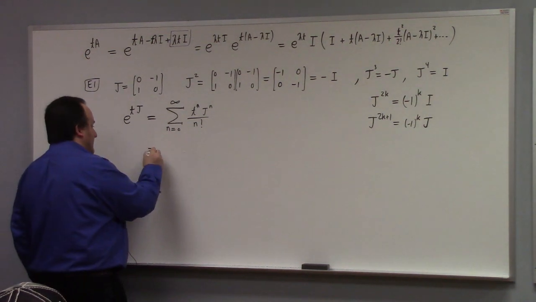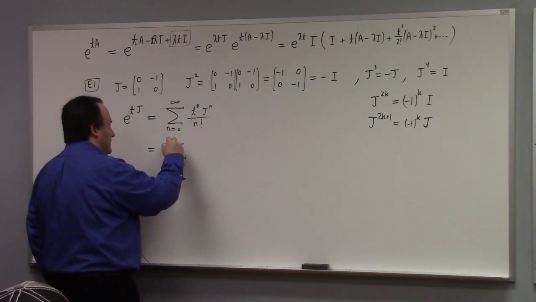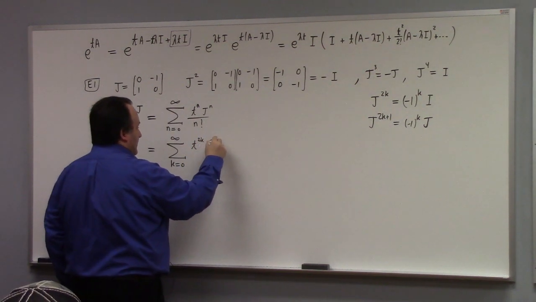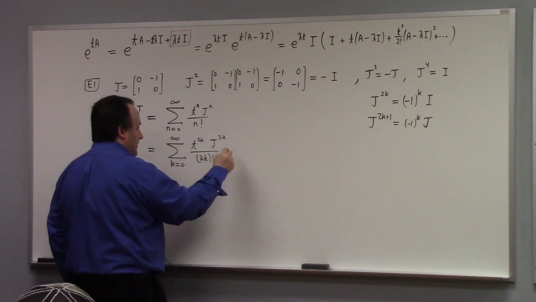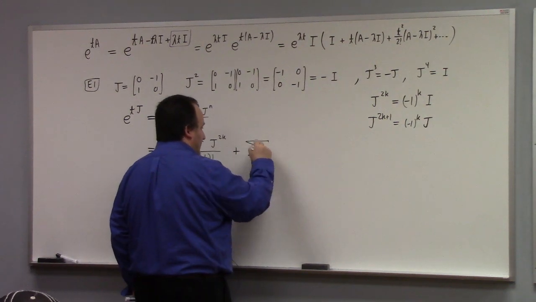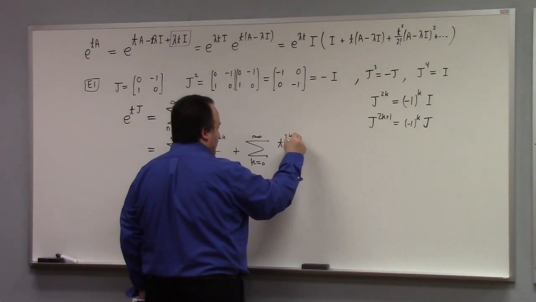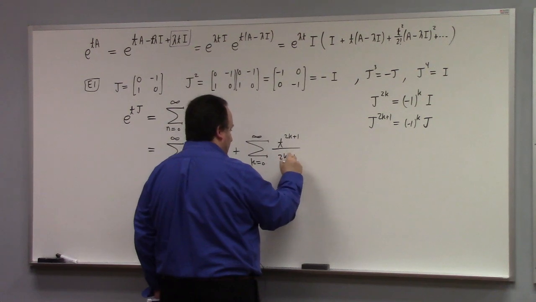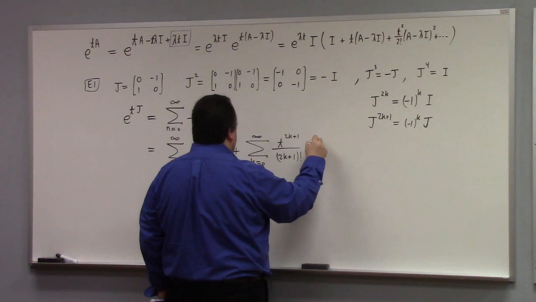So you can rewrite this series as the sum, k equals 0 to infinity, of t to the power 2k times J to the 2k divided by 2k factorial, and then plus the sum, k equals 0 to infinity. So this is just a trick I'm doing right now, guys. But anytime you've got a sum over all integers, you could break it up into distinct cases which partition the non-negative integers. So I did that, even and odd.